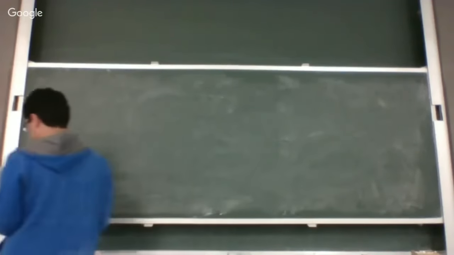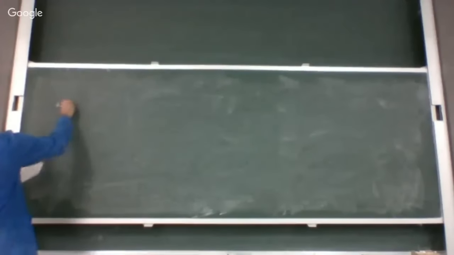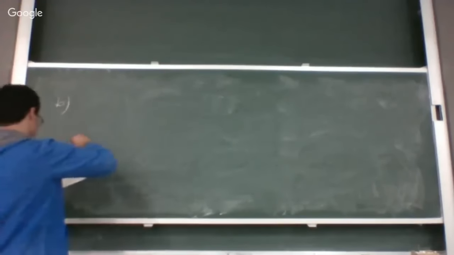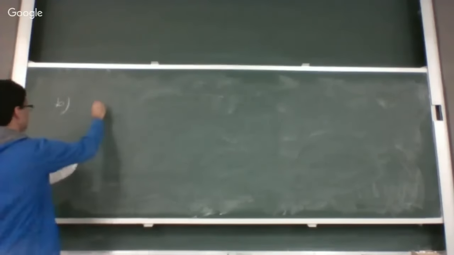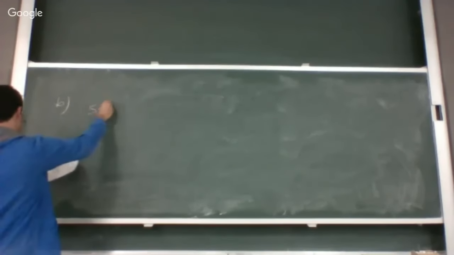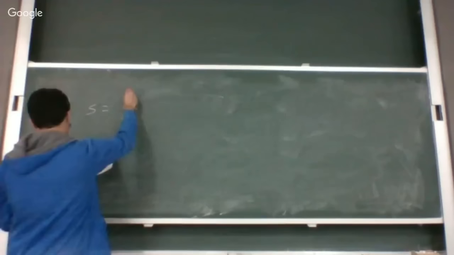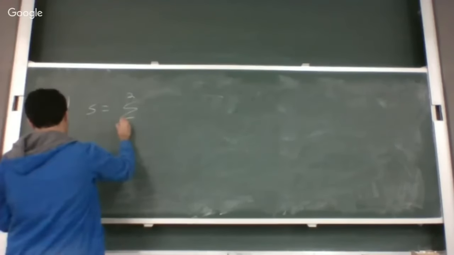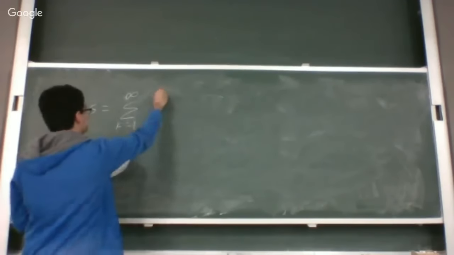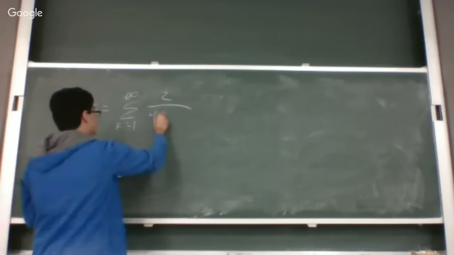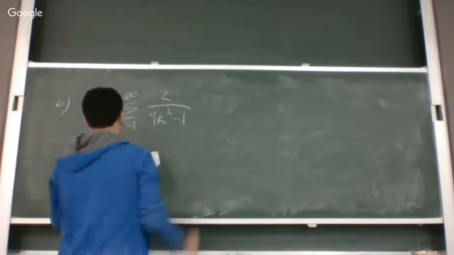Okay, part B of it says, use A to find what it goes to. So S is equal to the summation from k equal to 1 to infinity of 2 over 4k squared minus 1.